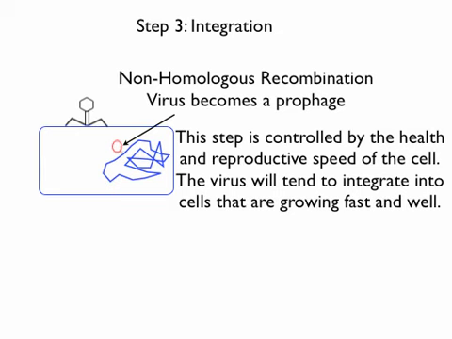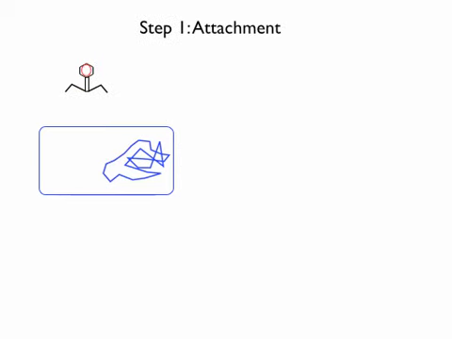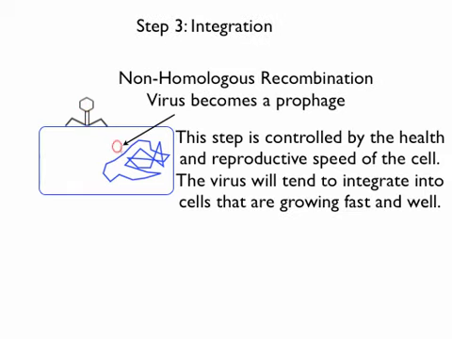Step 3 is integration. We sort of hinted at this when we were talking about specialized transduction. Watch this viral genome as it goes in. You'll see the viral genome is going to sort of disappear as it melds into the bacterial genome through the process of non-homologous recombination. There's a little snick and a little snick, it gets cut.